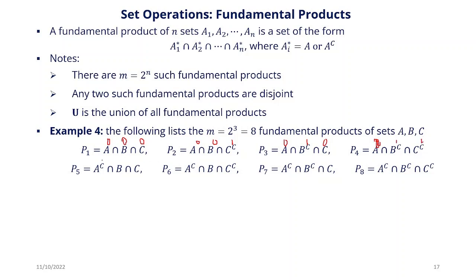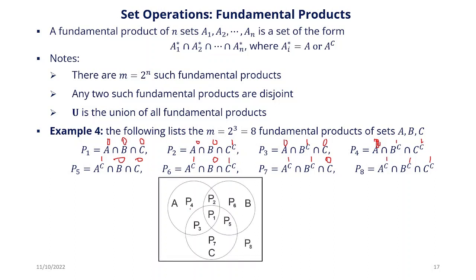The next one will be 1, 0, 0. We are counting from 0 to 7 using binary numbers. So we have 1, 0, 1, 1, 1, 0, and finally 1, 1, 1. So if you follow this binary counting, you can generate the fundamental products of any number of sets. You just have to patiently do it straightforward and be careful that you are not counting wrongly.